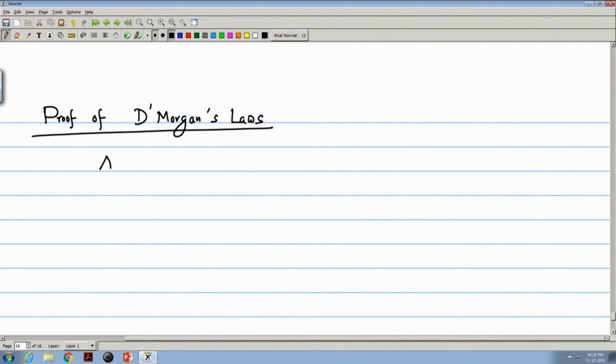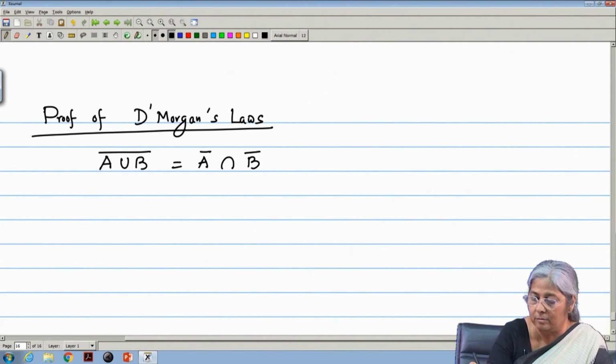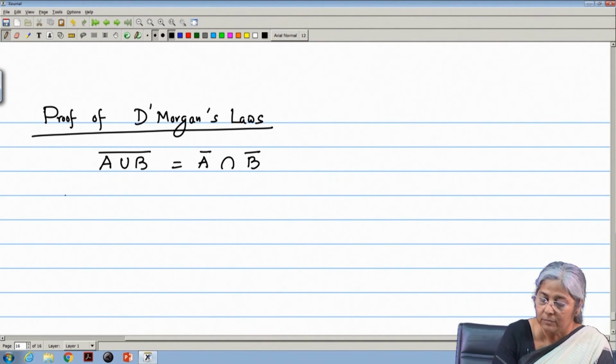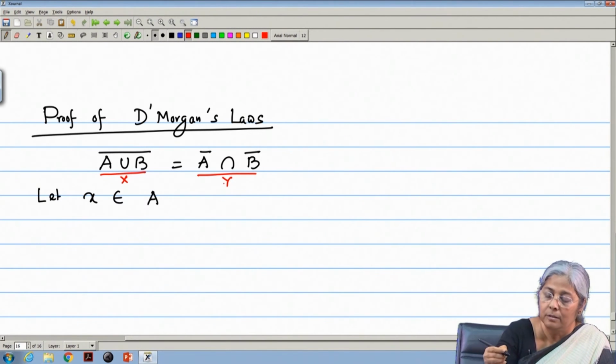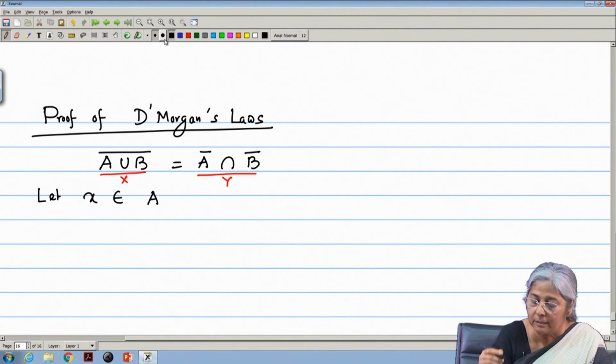If I take one part of De Morgan's law, again in a similar way I can take let x belongs to, this is my capital X and this is my capital Y. So, this is A union B complement.